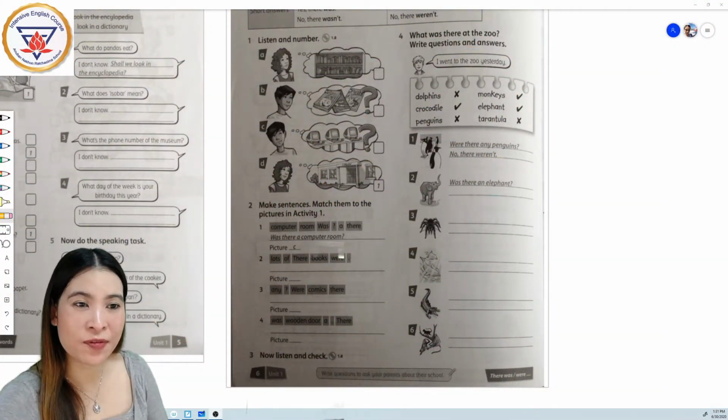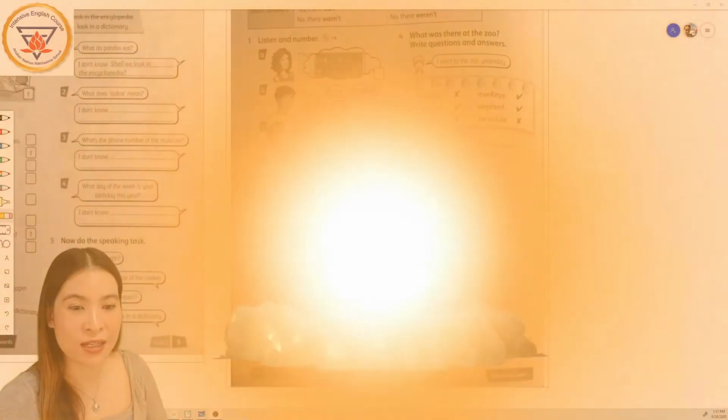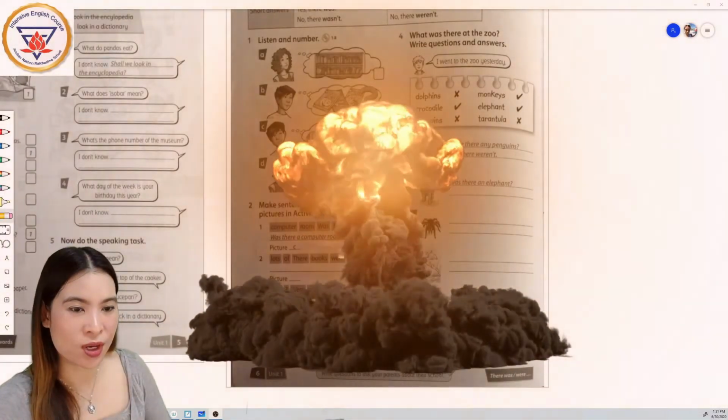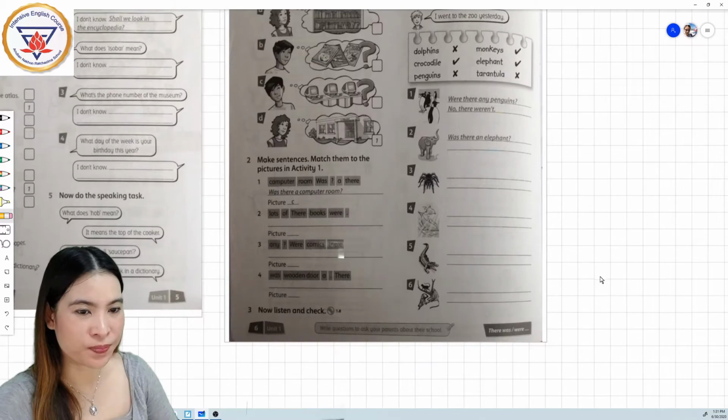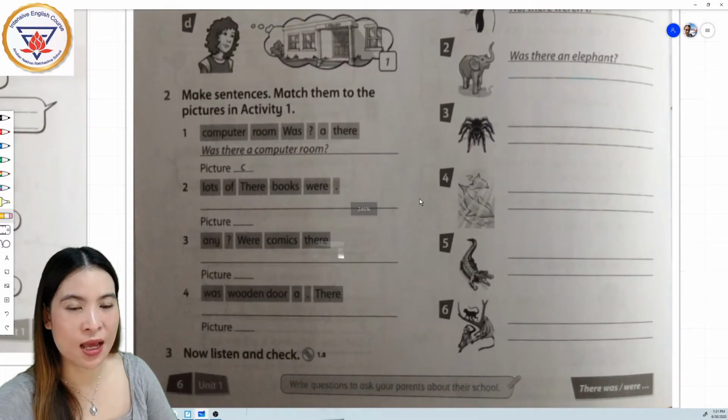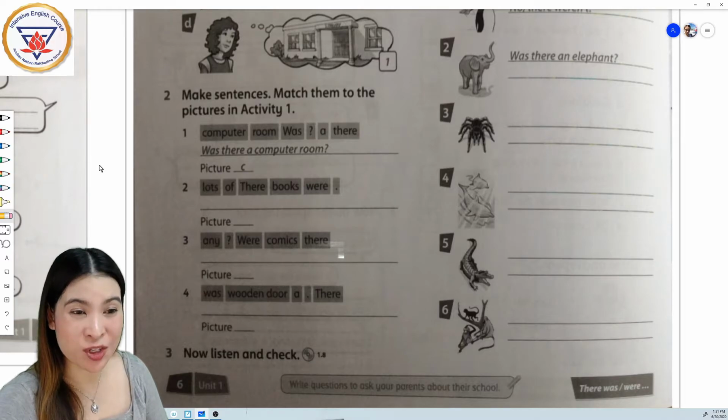Now that you have finished with your listening practice skill, it's time for grammar. Look at activity 2. Make sentences, match them to the pictures in activity 1.